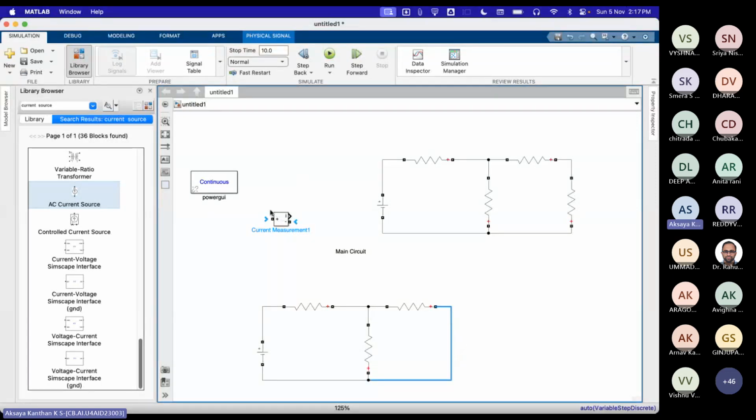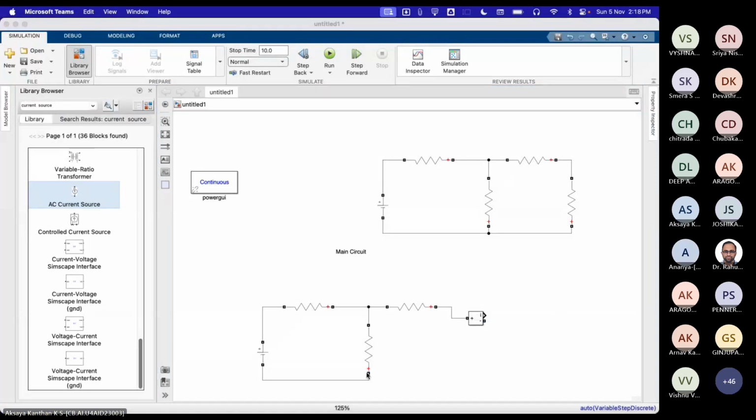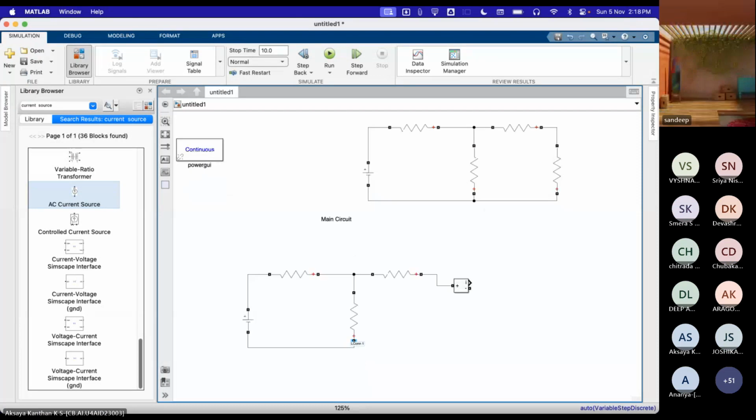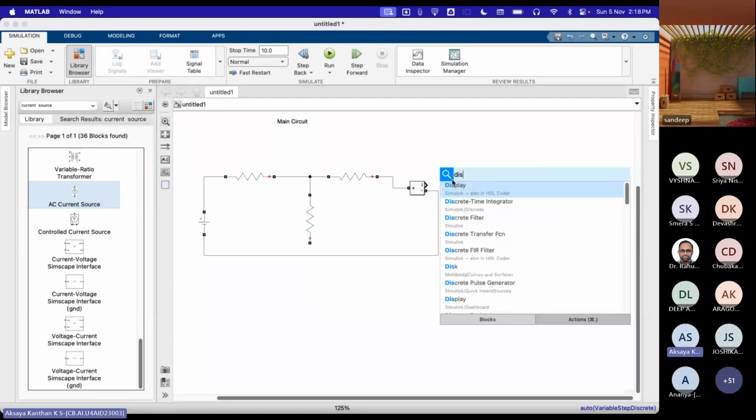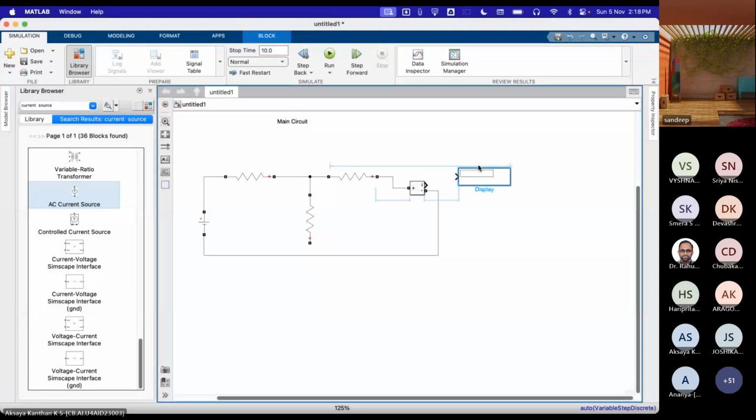So I take a current measurement block and then connect the positive terminal to the positive terminal of the ammeter, negative to the ground. And then connect the ammeter to the display.